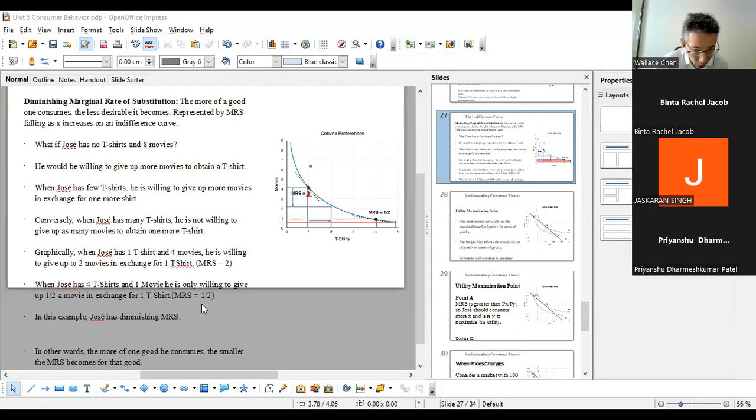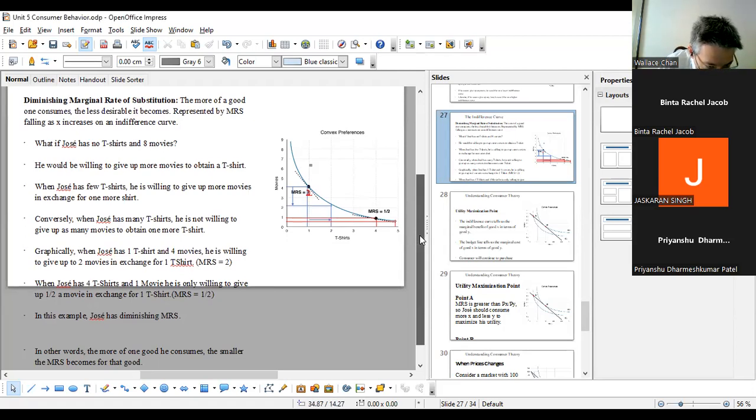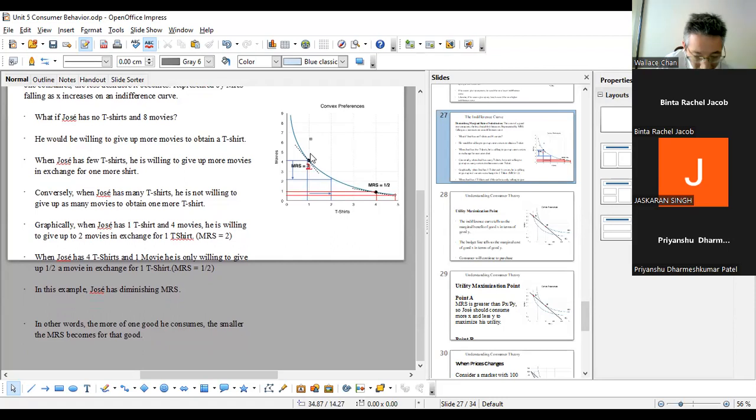Now, before we move on to Unit 6, I want to explain to you why the indifference curve in general is a curve rather than a straight line. Because usually, the more someone consumes something, the less satisfaction the person feels, in many cases.